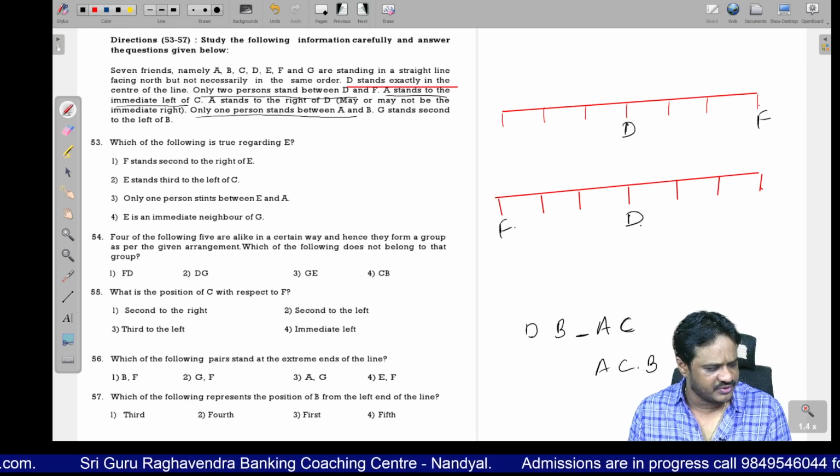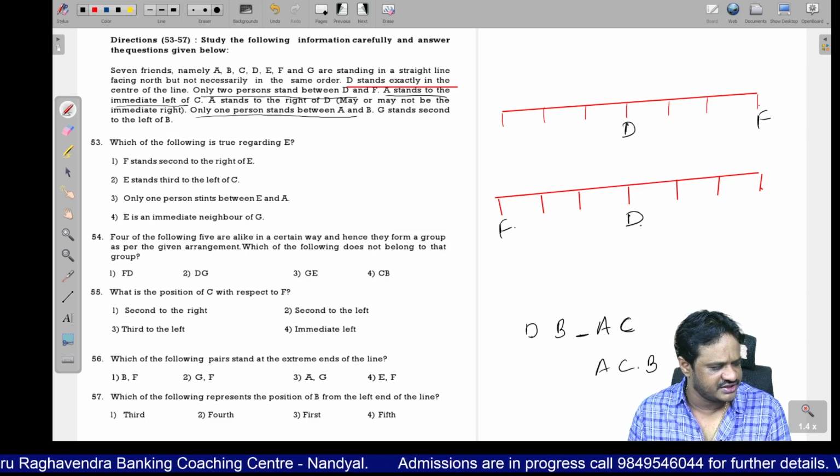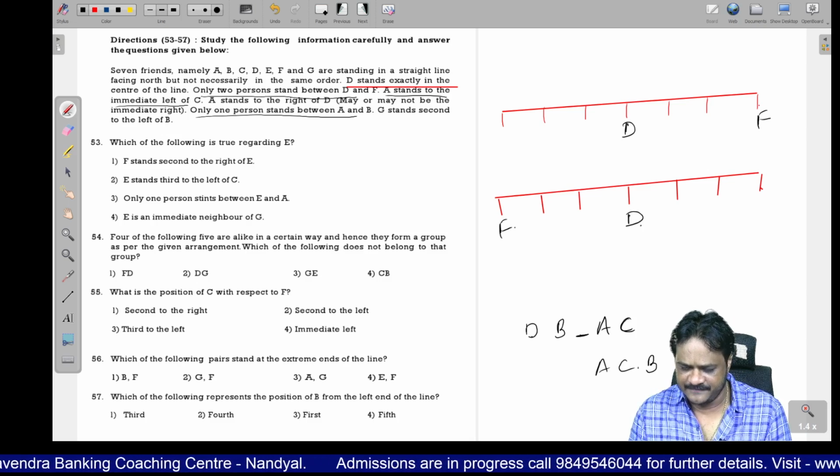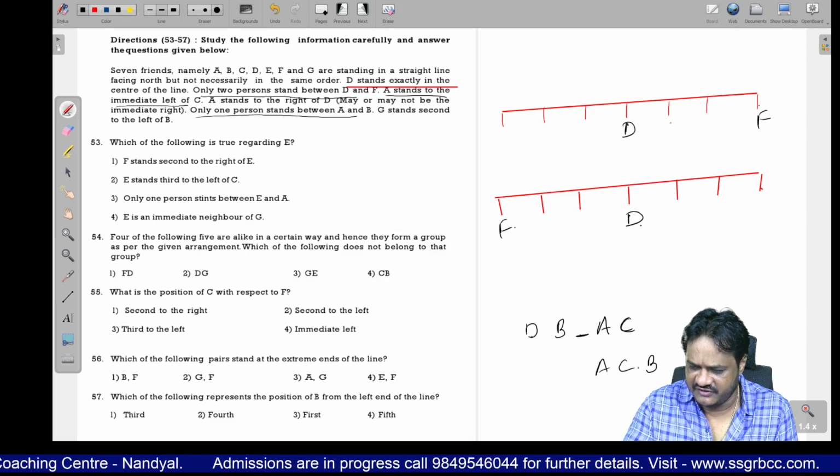Here also you may get one more case. Now let us see which one is correct. A is standing to the immediate left of C.